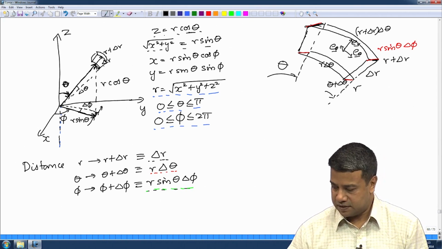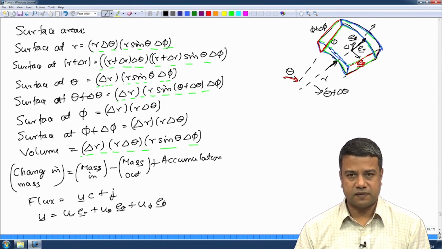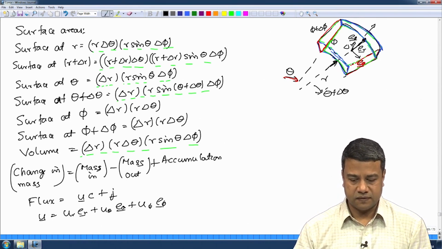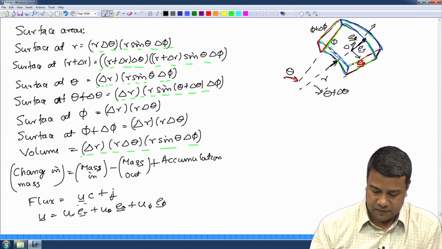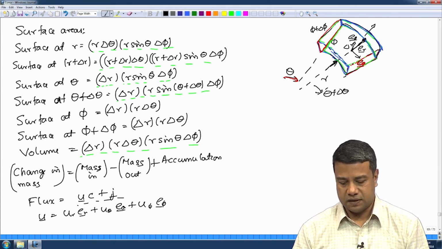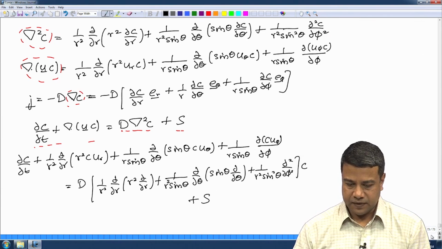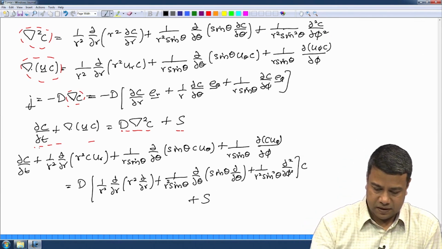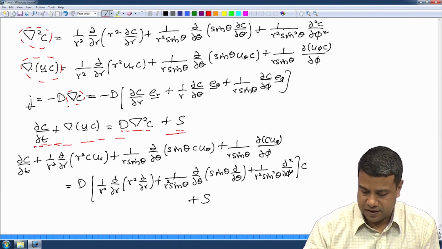The flux, you have surfaces at different locations in this coordinate system. The flux is written as the sum of a convective flux due to the velocity field and a diffusive flux, and based upon this we got the same differential equation. The differential equation written in vector notation was the same.